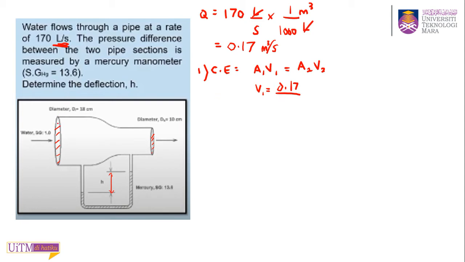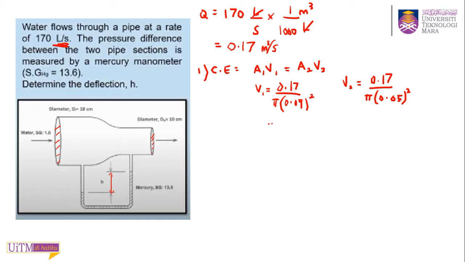So A1 is pi times the radius, 18 centimeter diameter, so 9 centimeter, which is 0.09, squared. And V2 is equal to Q, 0.17, over A2. The diameter is 10 centimeter, so divide by 2, 5 centimeter. So pi times 0.05 squared. So you will get the value for V1 and also for V2.